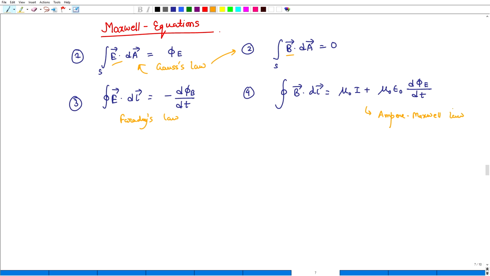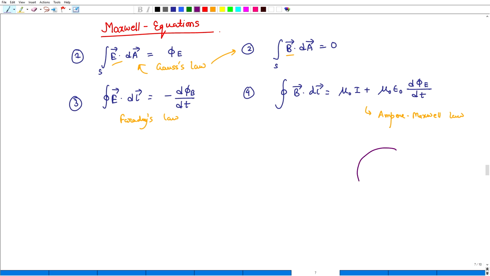Okay, now the significance. The first one is saying that if there is an electric field, then the surface integral of that electric field means the electric flux. Let us say we consider a sphere with a point charge q at the center. The electric field will be present like this.